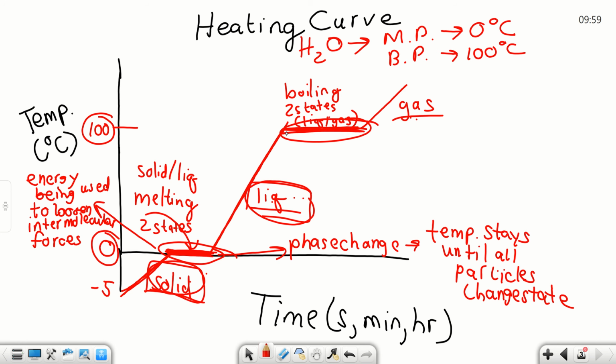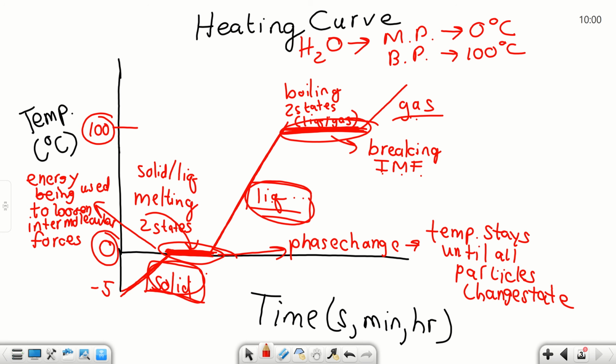Boiling always has a longer flat line because in this one we are breaking those intermolecular forces. IMF is short for intermolecular forces. So boiling always takes longer because you have to completely break all of the intermolecular forces acting between water molecule and water molecule.